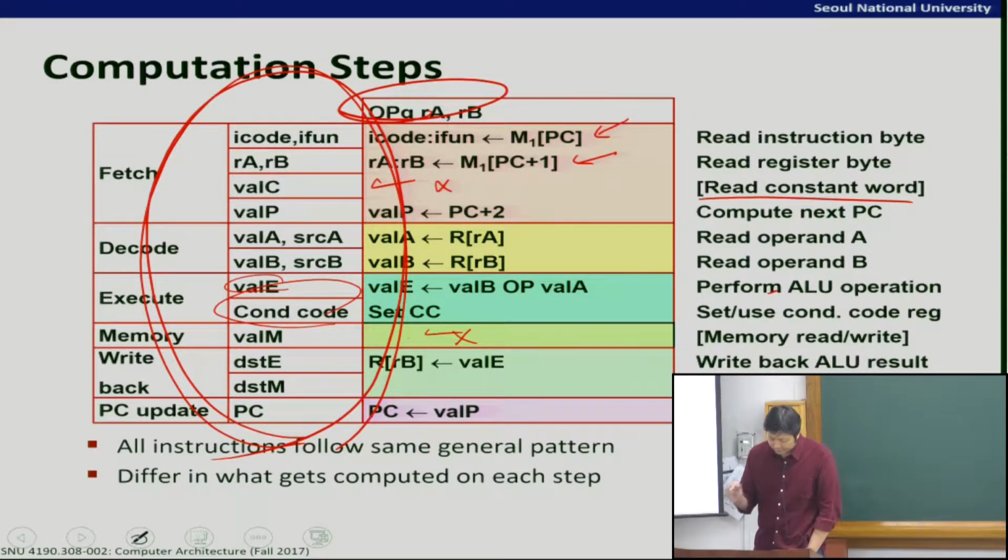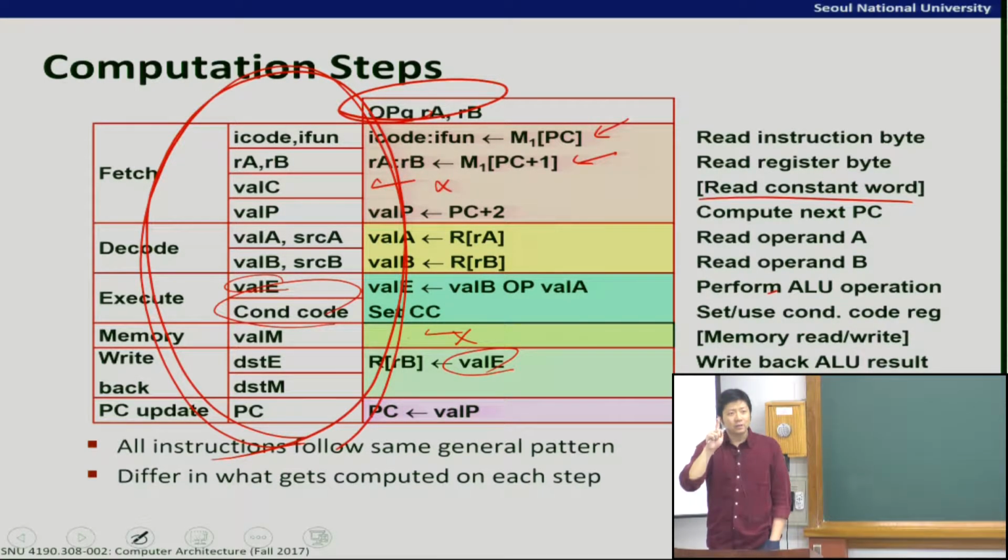Also in the write back stage we only have one register to be updated, so we only update this register value using valE. But there is just one case where you need to update two registers at the same time. What is the instruction that updates two registers within a single instruction? What is that? Remember? Which instruction actually updates two registers at the same time?